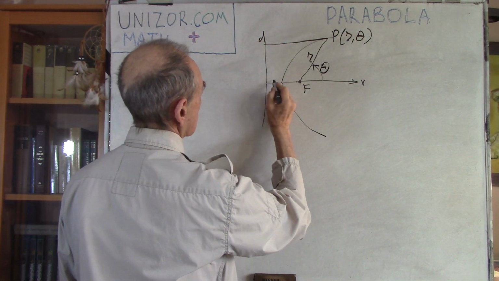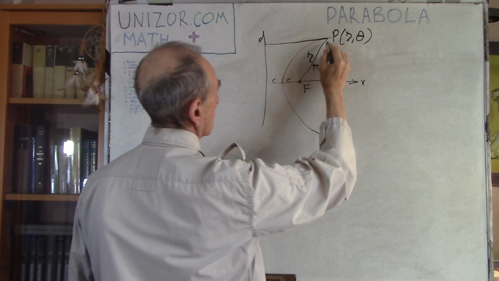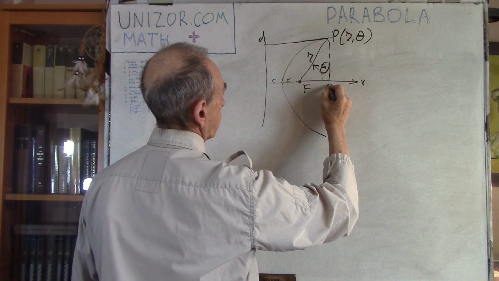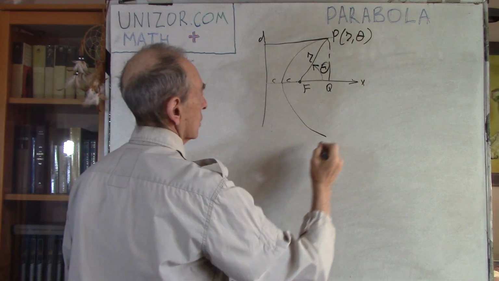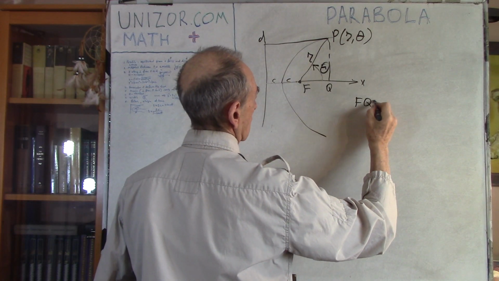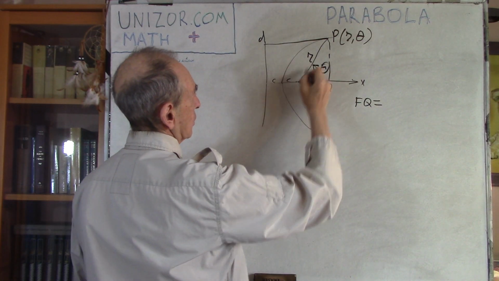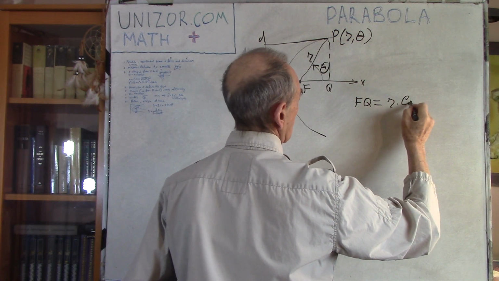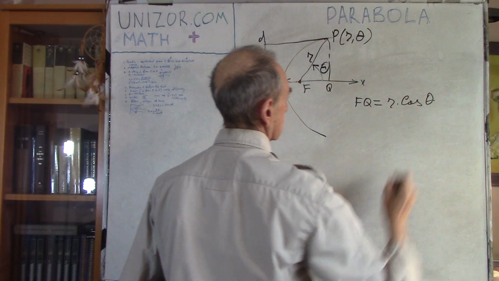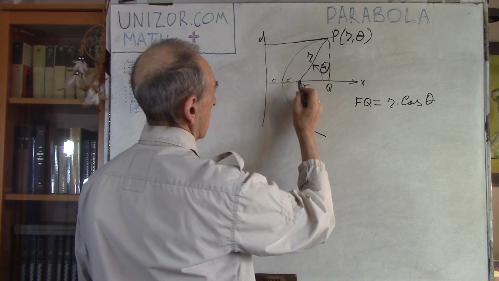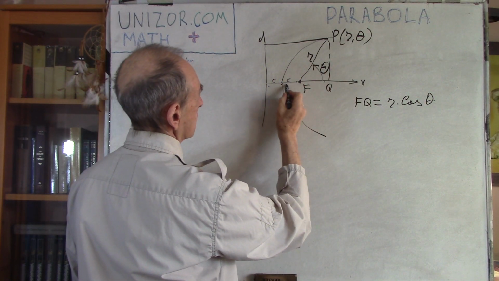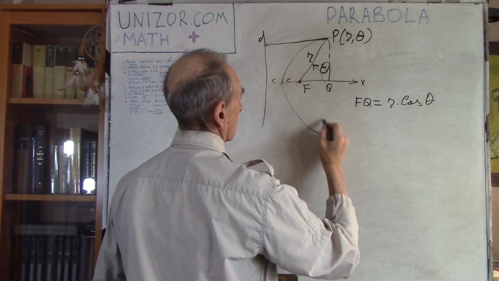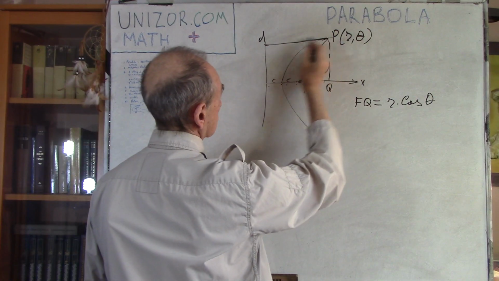Well, this is C, and let's call this point Q. What is FQ? FQ is equal to r times the cosine of the angle, r cosine theta. Now FQ and C would be this length. So r is equal to this one, right?